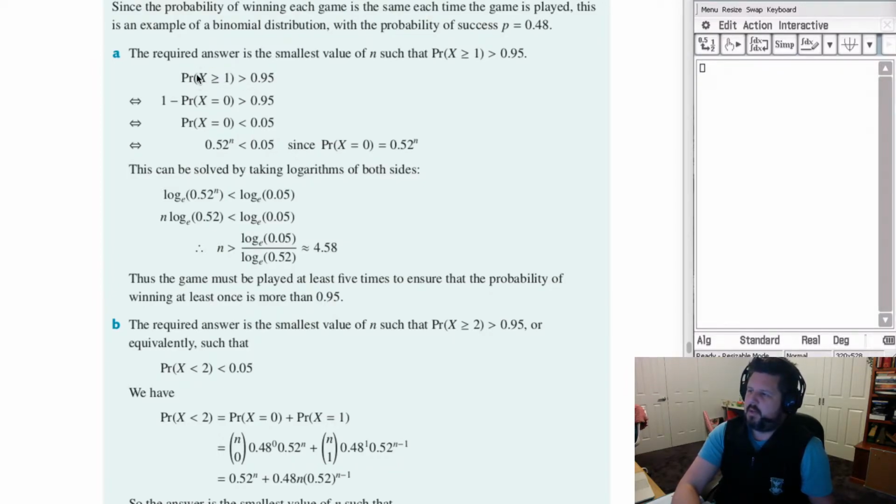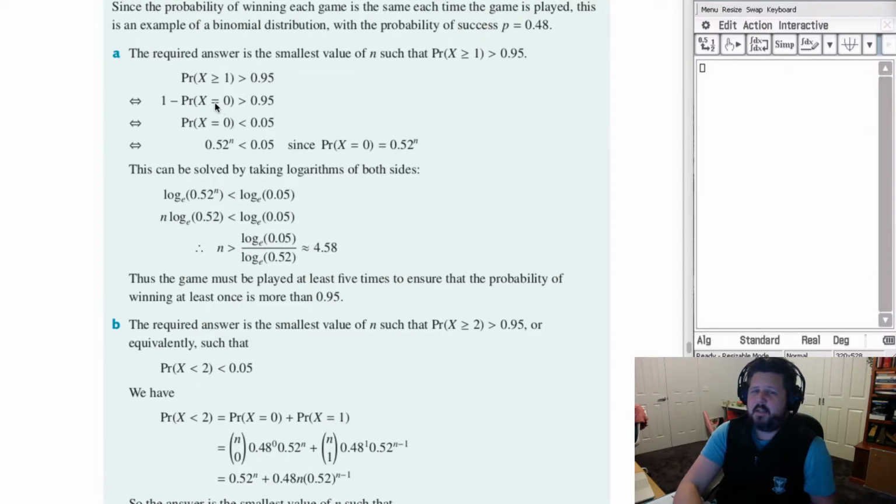The probability of x being greater than or equal to 1 is the same as 1 take away everything that's less than that, which is the probability of x being equal to 0. So 1 take away the probability of x equals 0 is going to be greater than 0.95.